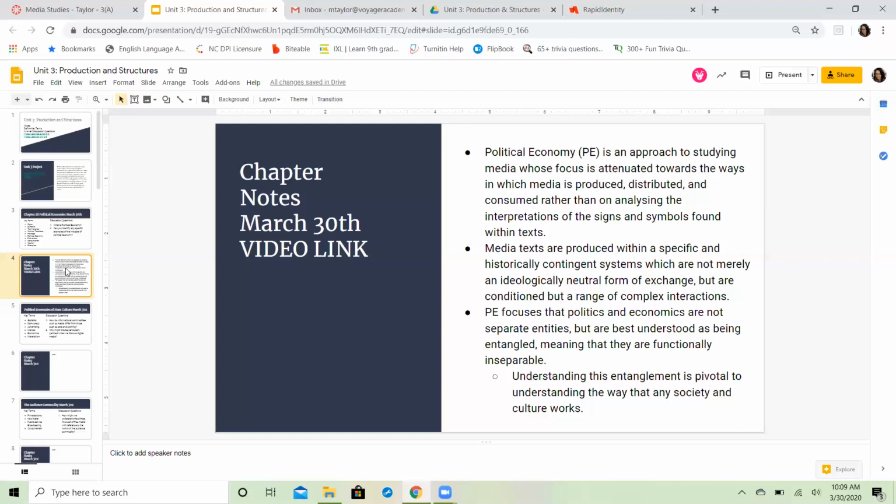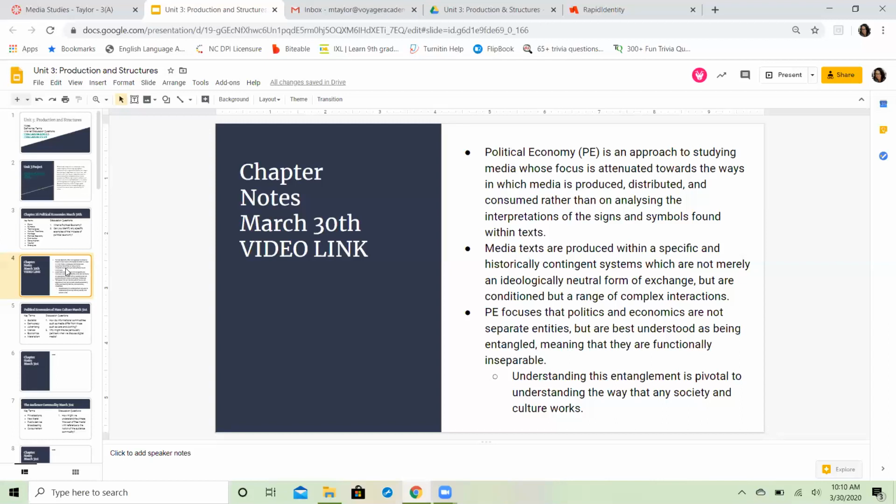So when you put those two together and understand that they don't function separately, when we talk about media and we talk about media texts, they are together and they're just tangled up and it gets complicated and messy. Understanding this entanglement is going to be pivotal to understanding the way that any society and culture is going to work. And so this goes for us here in America, this goes for other nations, other countries, and understanding their media texts and how their media texts are going to be impacted by this political economy.